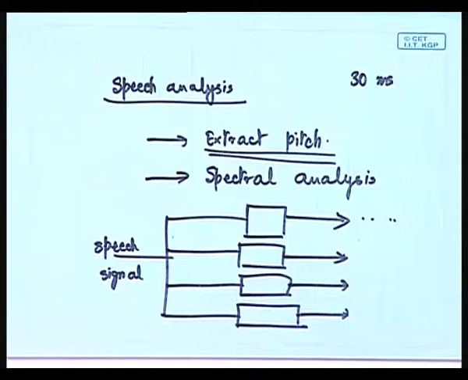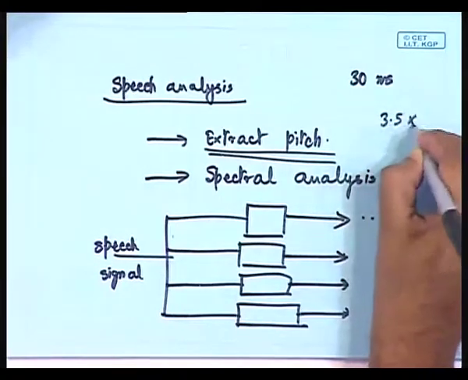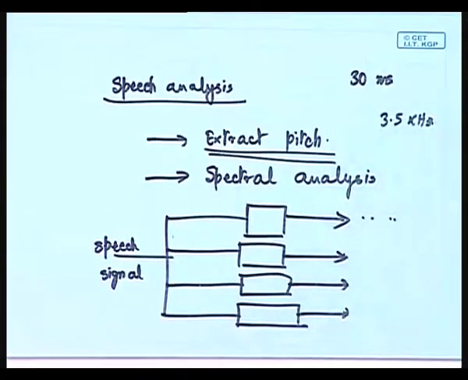We need not distribute that into a large number of frequency bands, because after all the frequency is only up to 3.4 to 3.5 kilohertz. So, generally 10 or maximum up to 20 filter banks would suffice, and for individual filter banks we have its energy.